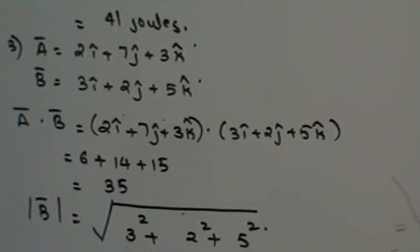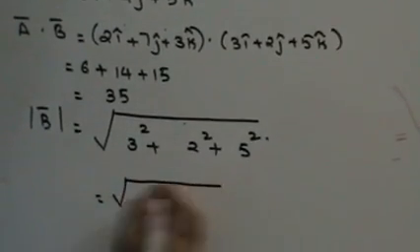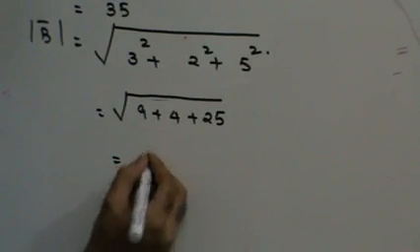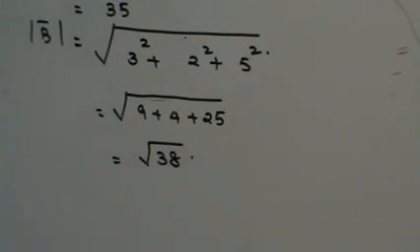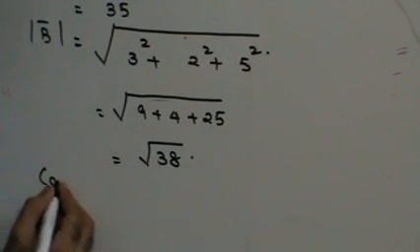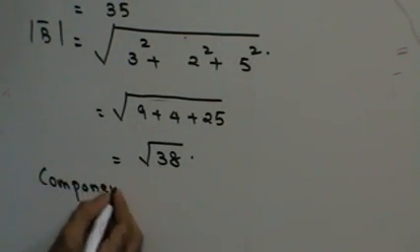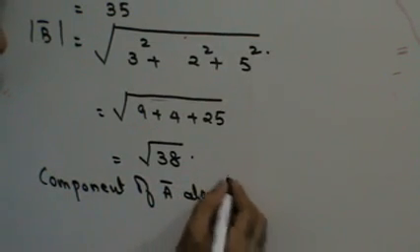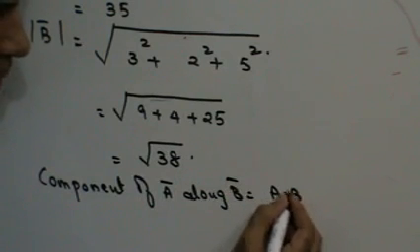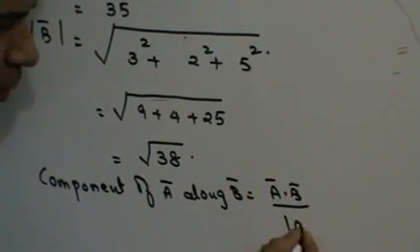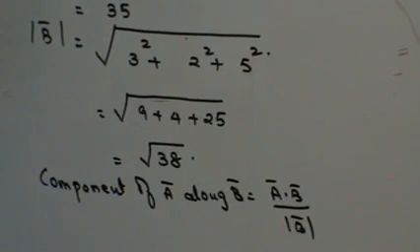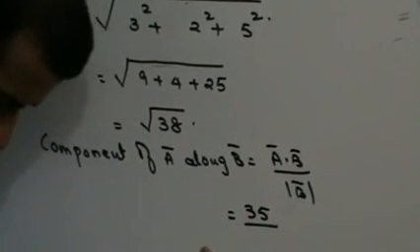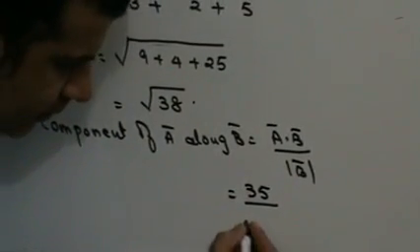So this will be square root of 9 plus 4 plus 25, which is 38. So the component of A along B is given by the formula A dot B upon magnitude of B. That's how you find the component. So A dot B is 35 upon root 38. That will be the answer.